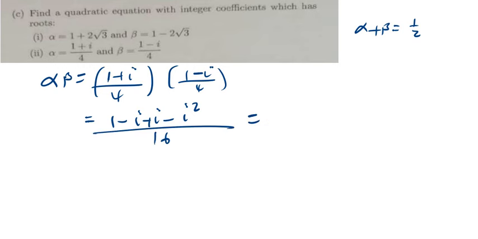So you know that where there is i squared, we put negative 1.